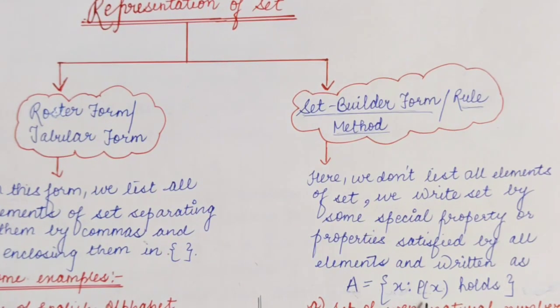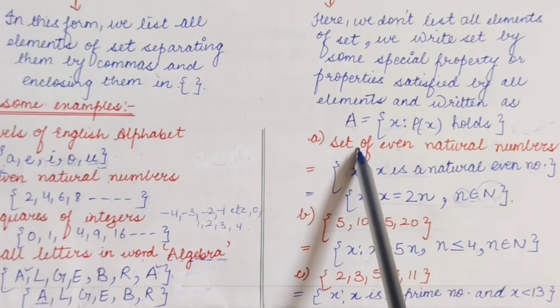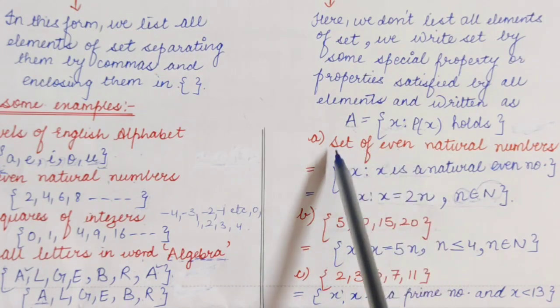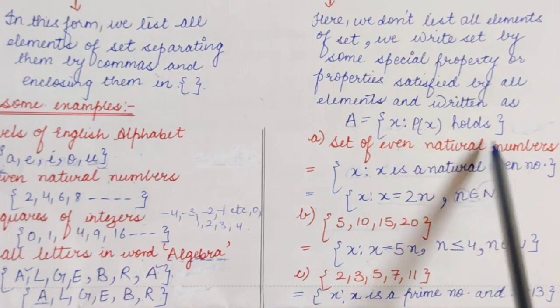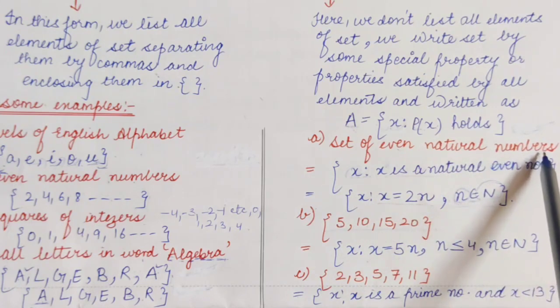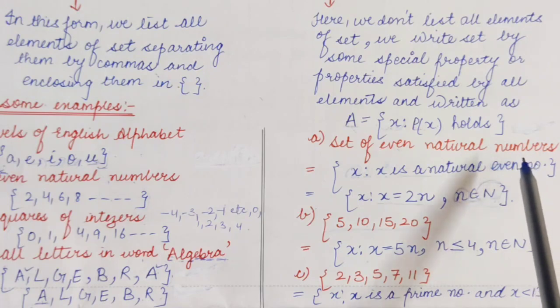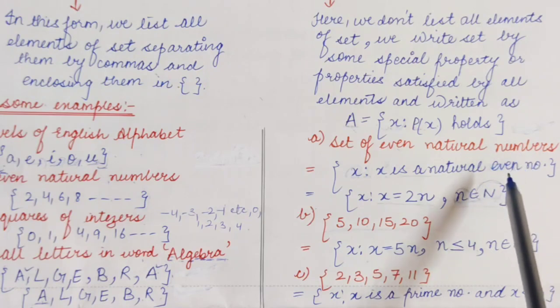We will understand it with the help of examples now. Our first example for the set builder form is the set of even natural numbers. How will we write it in the set builder form? Now this is our question.